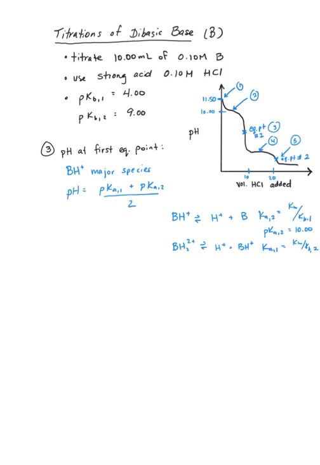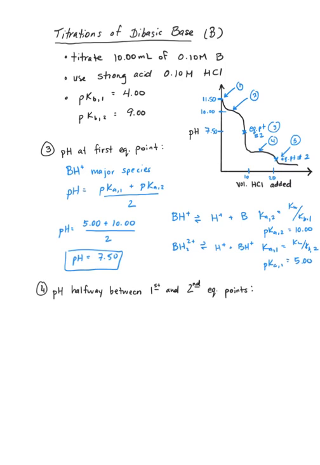For pKa1 value, that's equal to 5, or 14 minus 9. Thus, the pH of our intermediate form at this first equivalence point is pKa1, 5, plus pKa2, 10, divided by 2, that's 7.5. So our first equivalence point pH we expect as approximately 7.5.